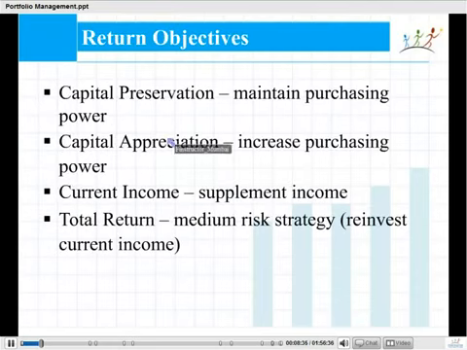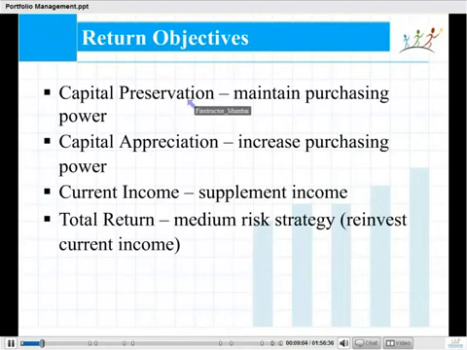The return objectives are broken down into 4 parts. They can be of capital preservation. So if the client says that my return objective is capital preservation, that means I'm not too ambitious, I don't want too much growth in my money. My savings should just beat inflation, or the purchasing power of my capital should be preserved.